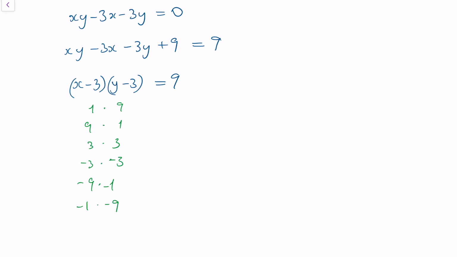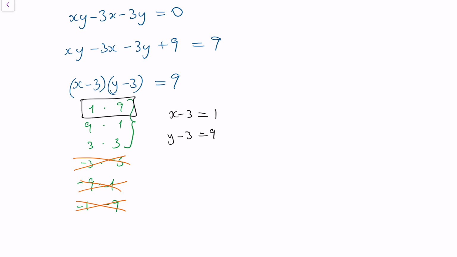Now, since x is a positive integer, it is impossible to get minus 9 here, and the same applies to y. And again, x and y are positive integers, so you can't get minus 3 because x and y would have to be 0.